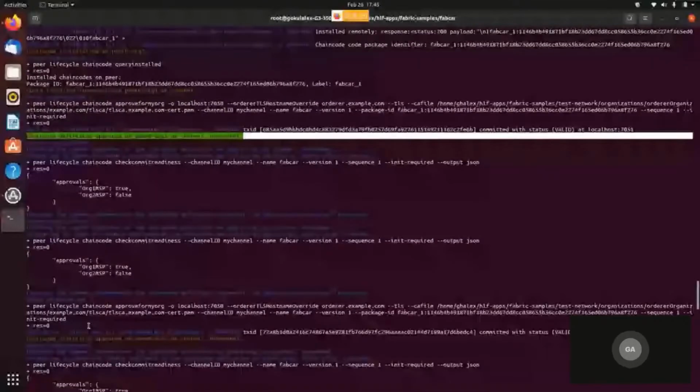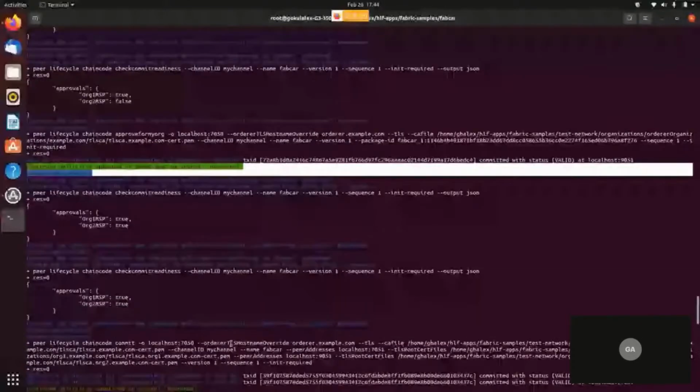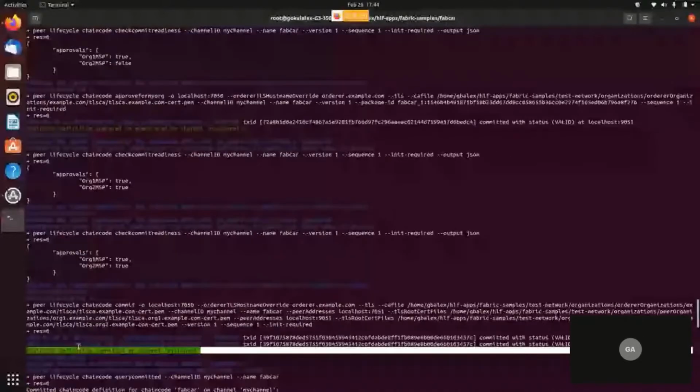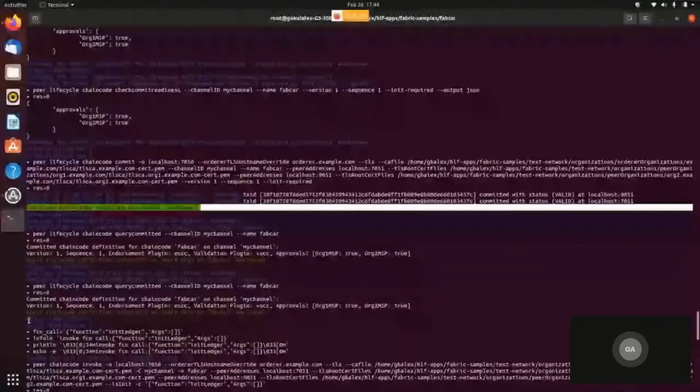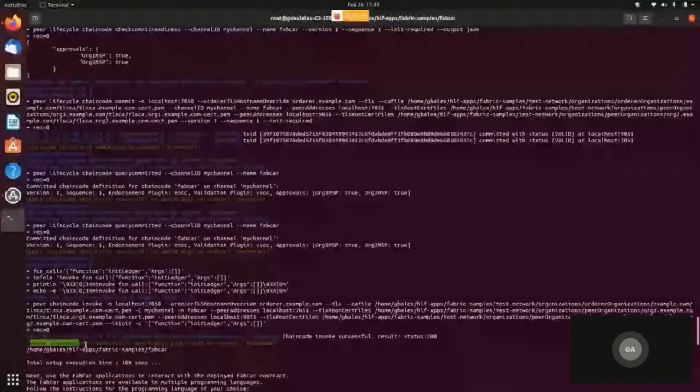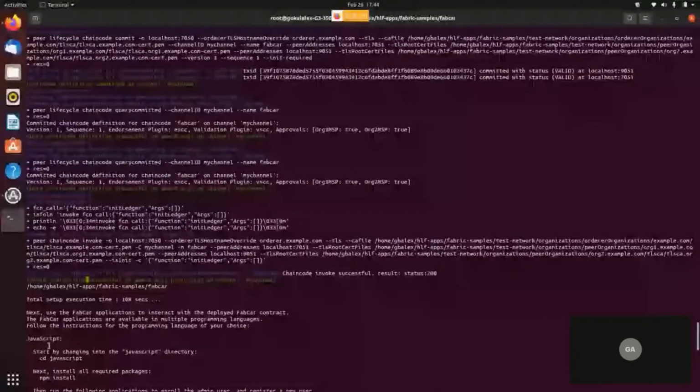So the chain code definition is approved, and then the chain code definition is committed once it is approved, and afterwards, once the chain code is approved and committed, you can invoke those chain codes to do transactions. So this is the running network.